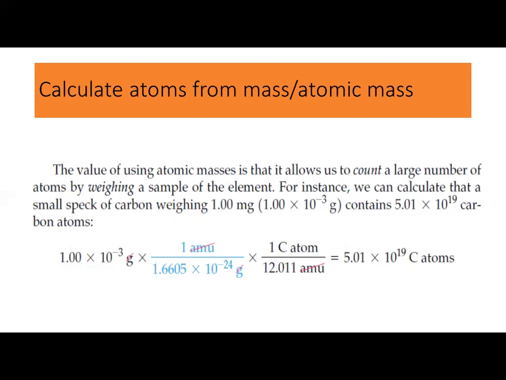The data is given over here. Let's suppose the mass of carbon is 1.00 milligram. That means you have to convert 1.00 milligram first into gram. That's why we did the first calculation.